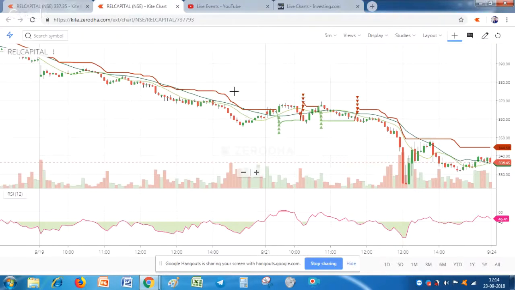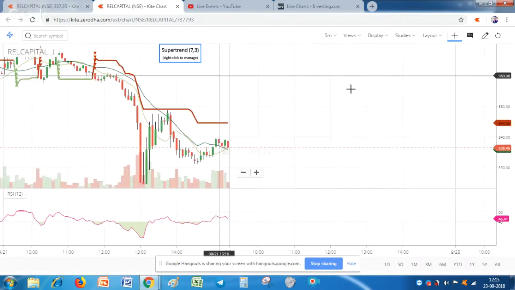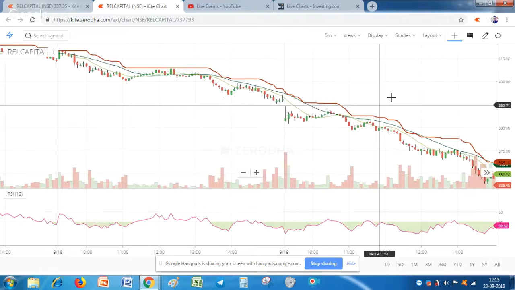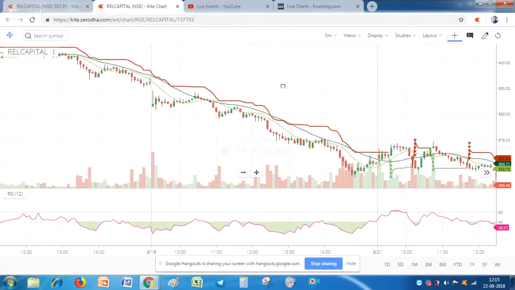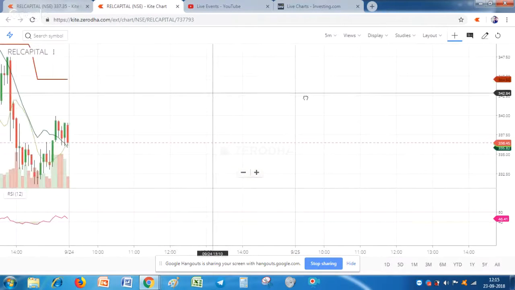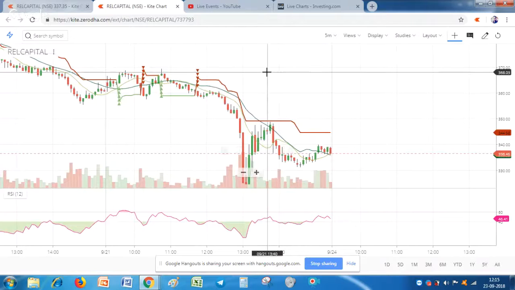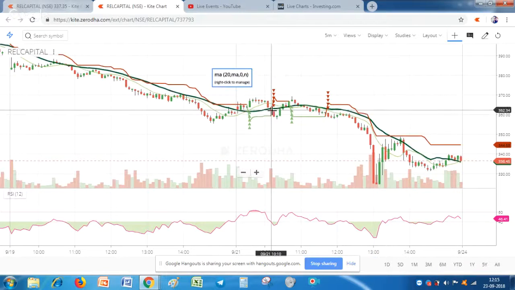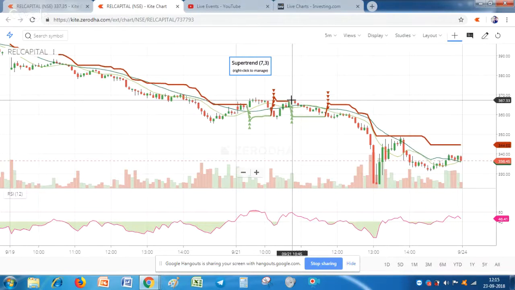So see, this is in Zerodha. I'm using the 1 minute chart. This is the level where I had taken a sell call and the stop loss was hit.